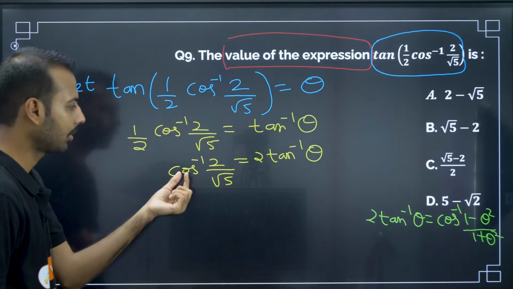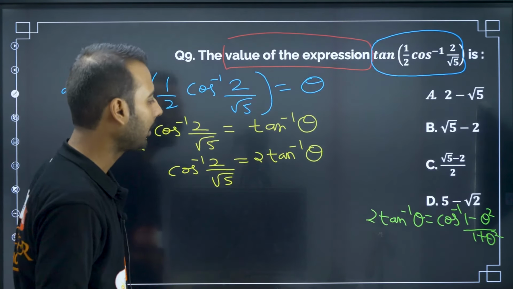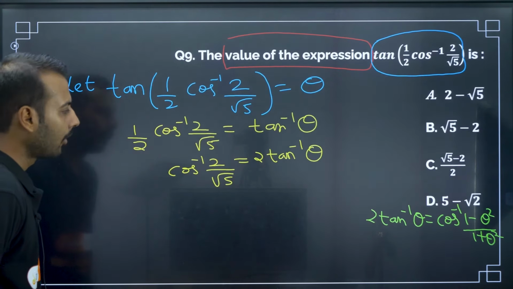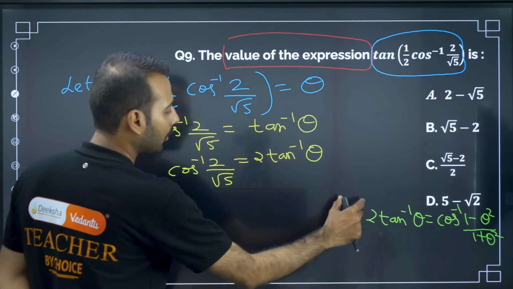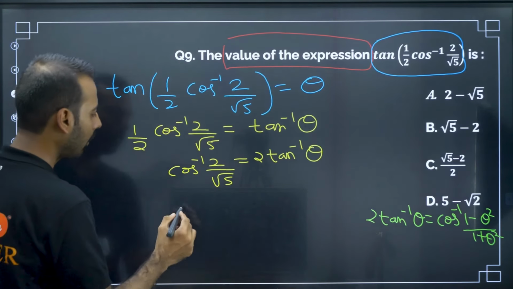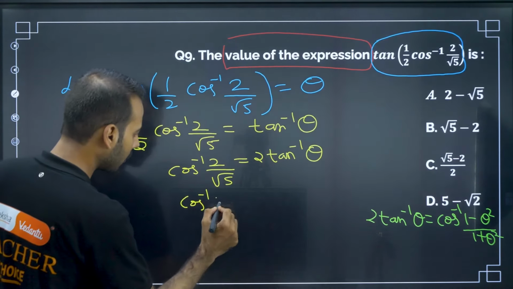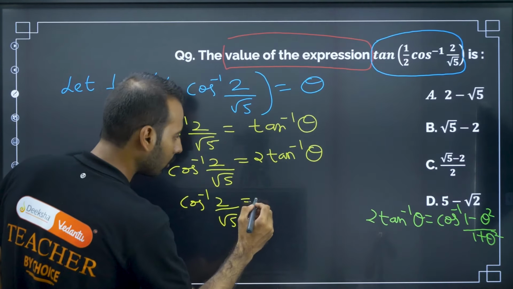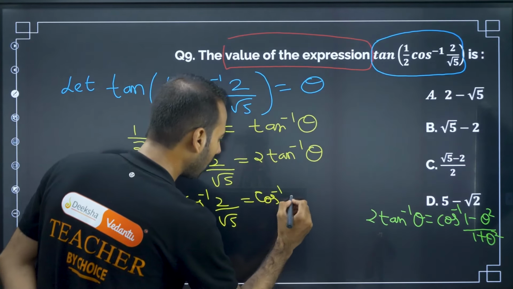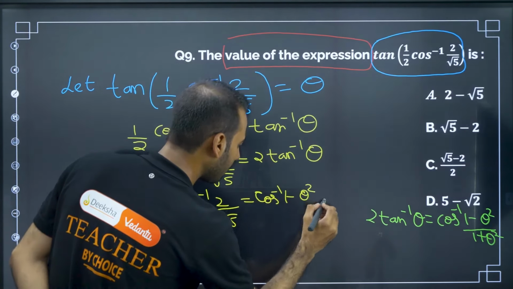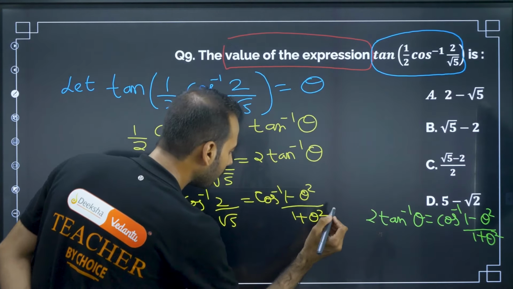So cos inverse 2 by root 5 is equal to 2 tan inverse theta. Now you relate this to tan inverse theta. For that I will write cos inverse 2 by root 5 is equal to cos inverse of (1 minus theta square) by (1 plus theta square).